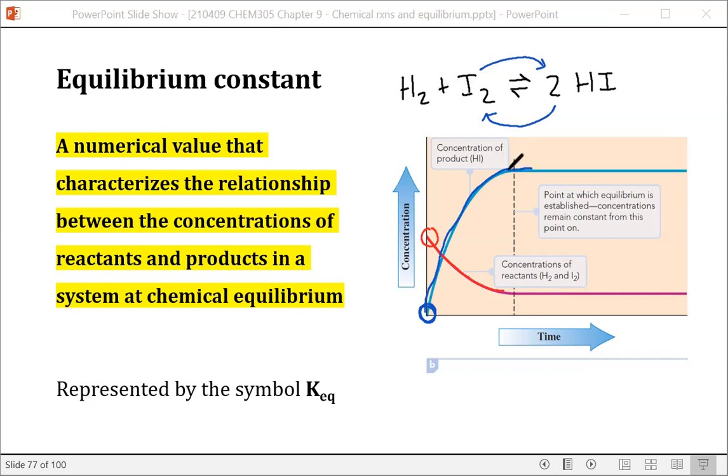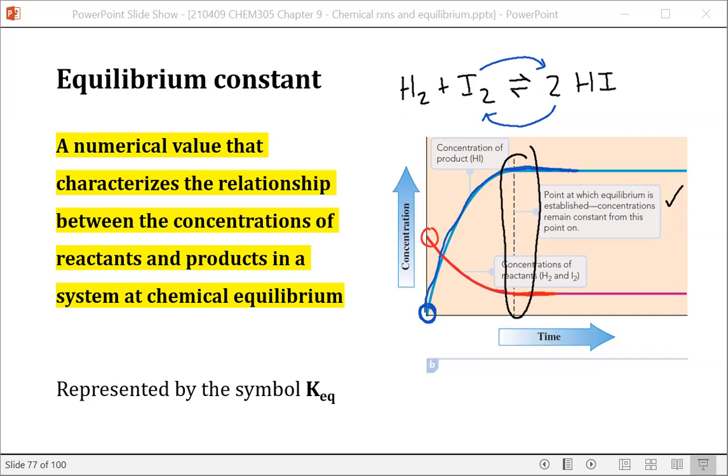And so eventually what happens is the concentration of your products and the concentration of your reactants no longer changes. And when the concentrations of your products and your reactants stop changing, they reach this steady state or flat line, that's when chemical equilibrium has been reached. So this dotted line here shows the point at which equilibrium has been established.